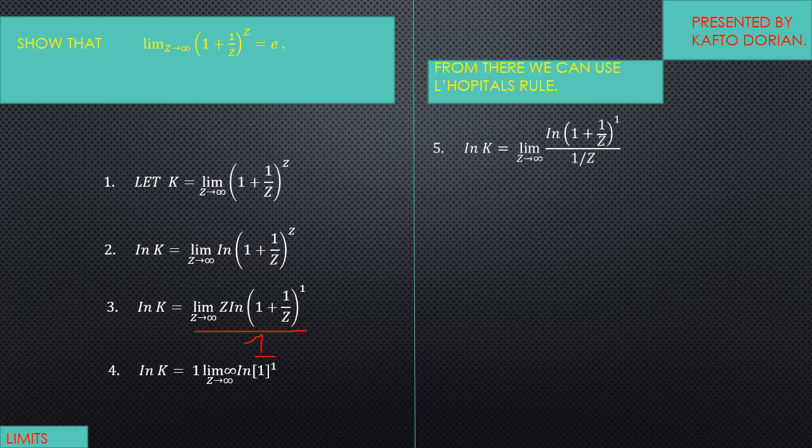Since my limit over 1 is the same thing, because something divided by 1 is still the same thing, I now decide to multiply it all through by 1 on z.